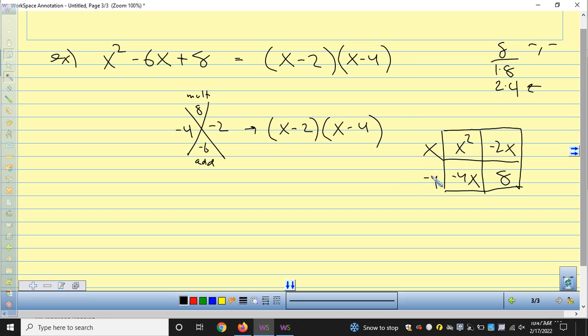X to the first, the smallest power of x that they both have. Here, biggest number that goes into 1 and 4? 1. Smallest power of x that they both have? X to the 1. Biggest number that goes into 2 and 8? 2. And we have a negative there, so we put a negative. And that tells me my parentheses are x minus 2 and x minus 4.